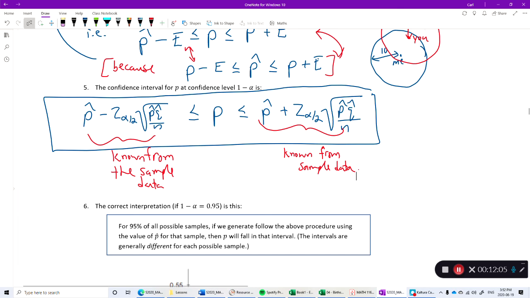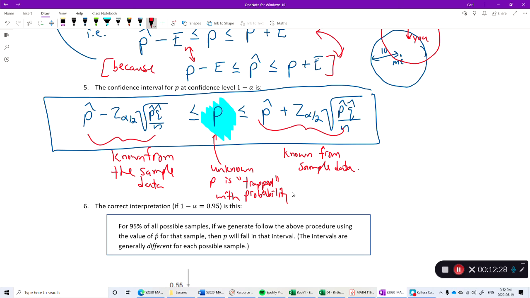So using just the sample data, we can trap the unknown p-value in between. This unknown p is trapped in between, with probability 1 minus alpha. It might not be in that interval, right? But it probably is, depending on what 1 minus alpha is.